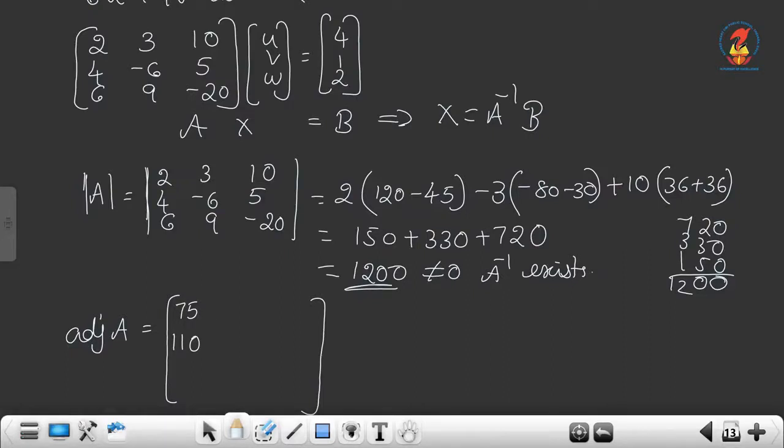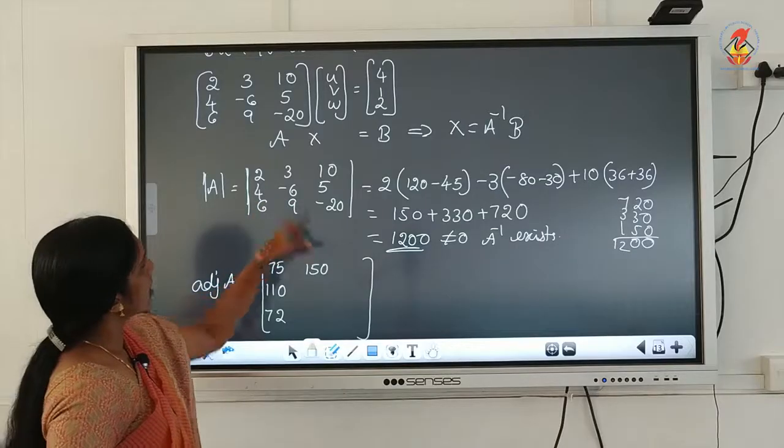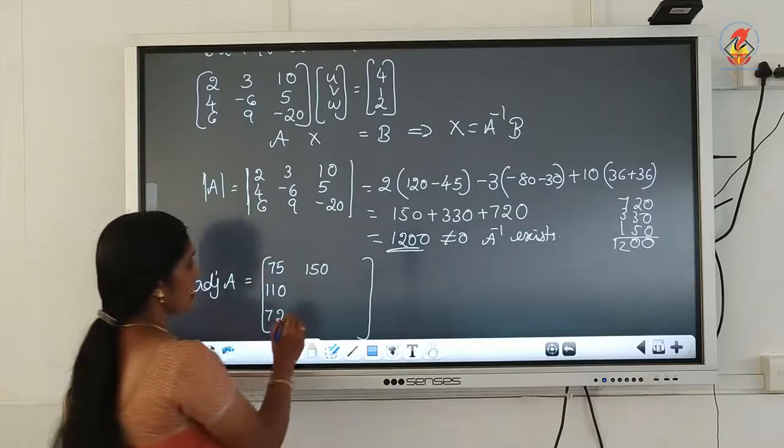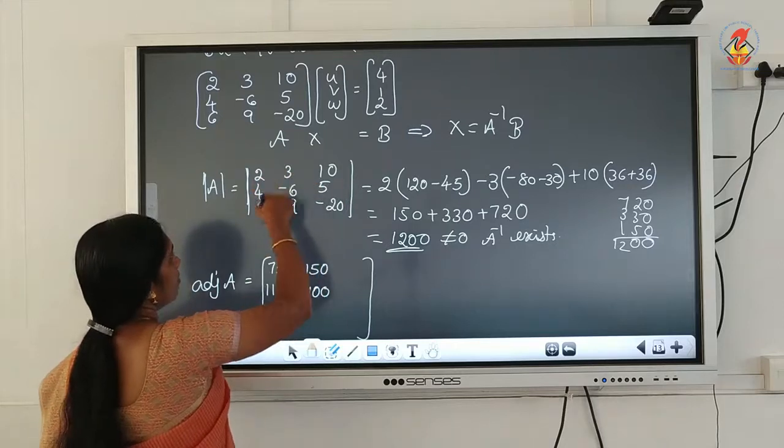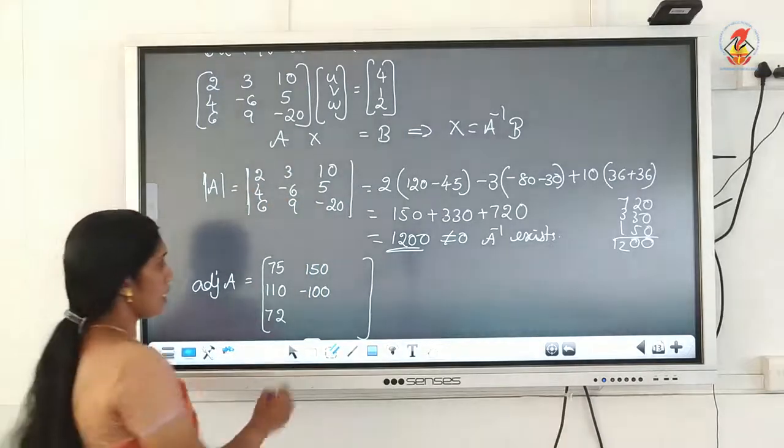The third element is 36 plus 36, that is 72, positive only. The next row: minus 60 minus 90, that is minus 150, change the sign, 150. Middle one: minus 40 minus 60, that is minus 100. Then 18 minus 18, that's equal to 0.